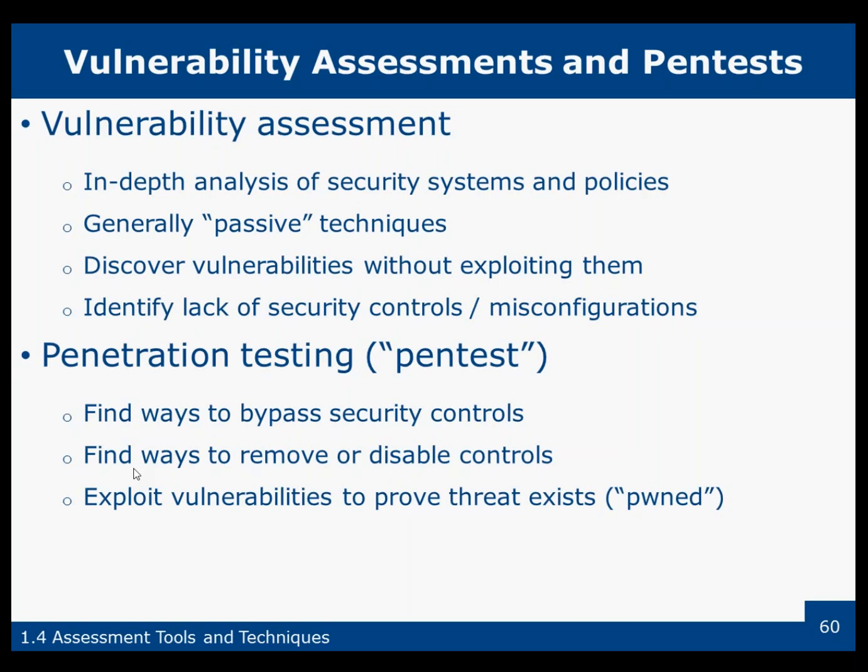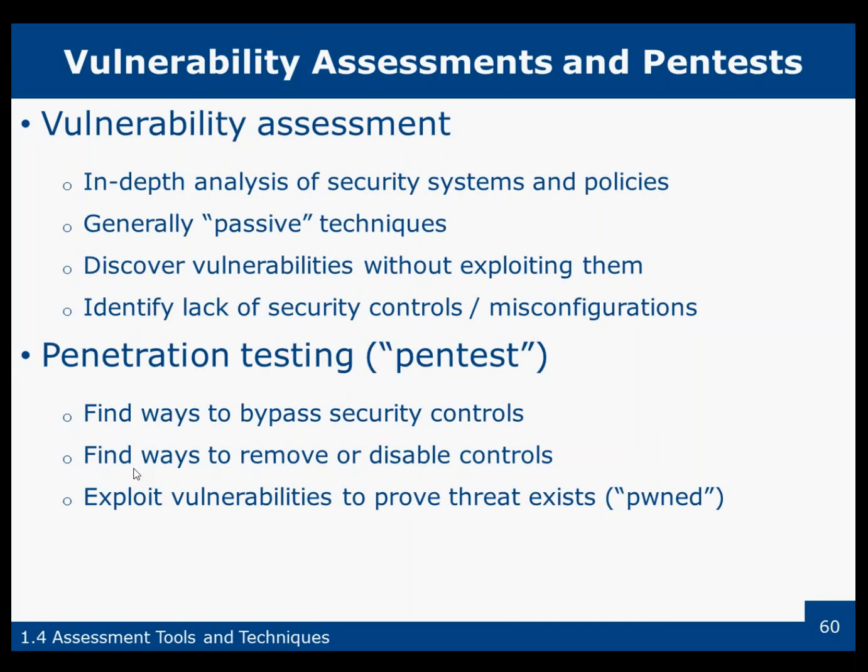Nessus is one of the very popular vulnerability scanners. I think it's gone commercial, and OpenVAS is one that is open source that you can use. Vulnerability scanners are available, and if you want to try one out, generally you can get them for a 30-day trial, and then they'll try to sell it to you.